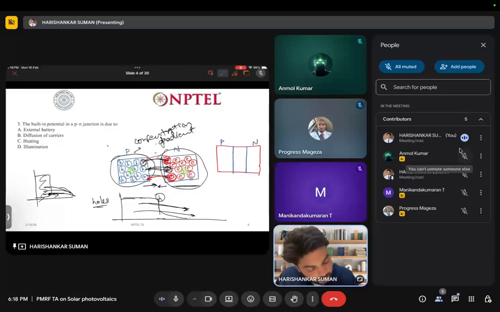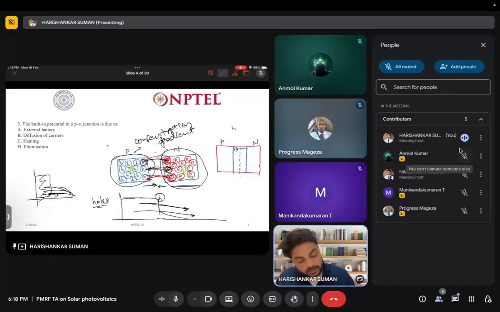So holes are recombined from that side. Hole is gone, electron is gained. So when the hole is gone, which charge will appear?